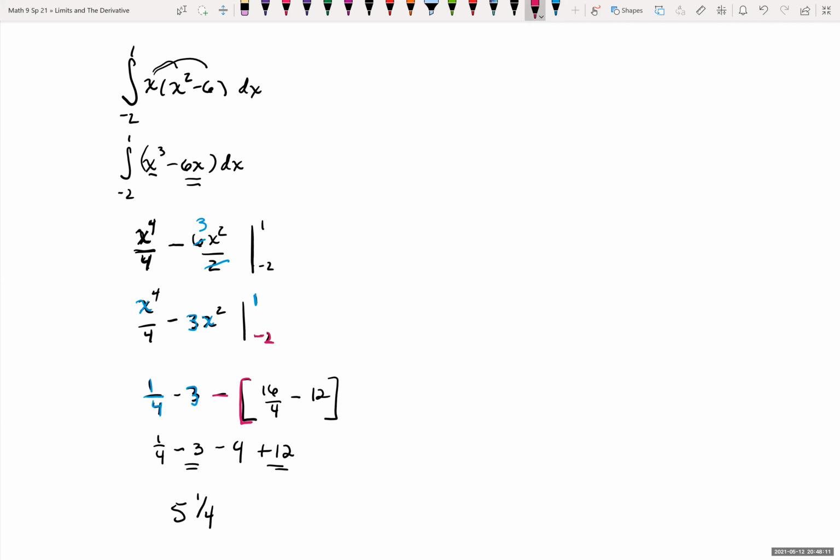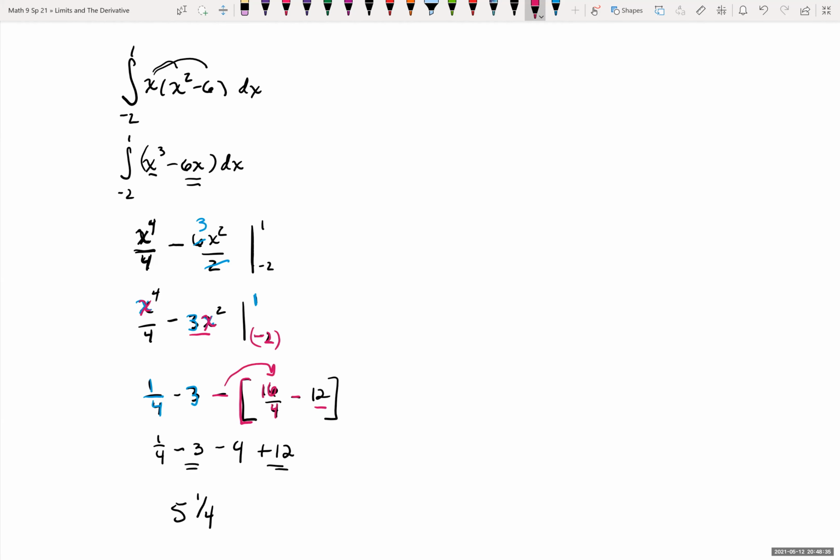If we plug in -2 to x to the 4th, -2 multiplied out 4 times is 16 all over 4. Minus, and if we plug in -2 where we see an x here, -2 quantity squared is 4 times that 3 gives us the 12 here.